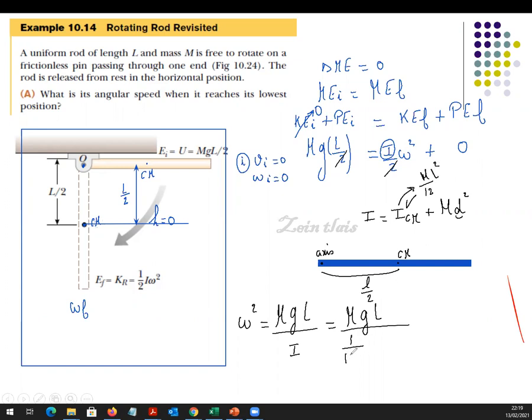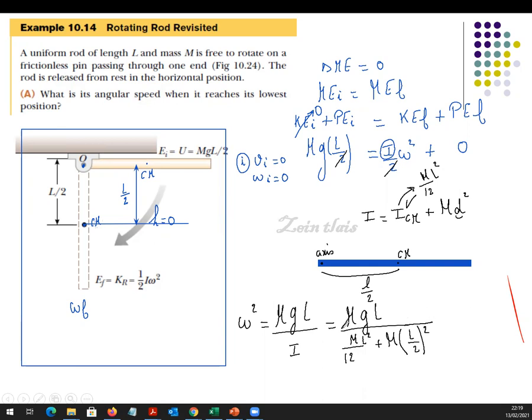So I equals 1 over 12 ml squared plus m times d squared, where d equals L over 2. Now we have to calculate this value.